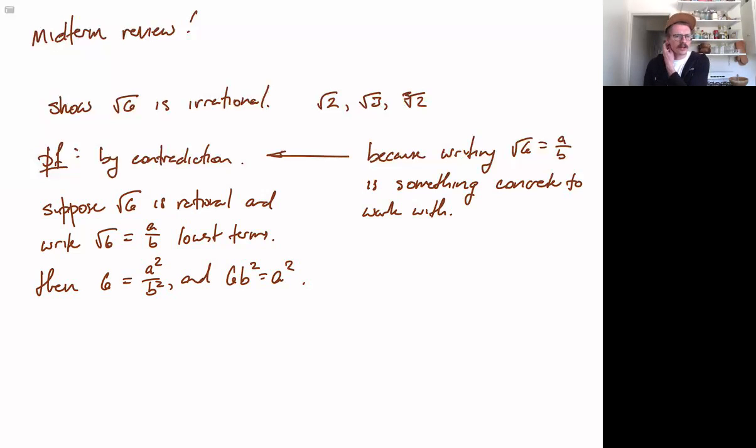Now this is where we want to start talking about divisibility. And this is where we need to worry that 6 is not a prime, like we are used to. And so let's think about what kind of problems this causes. If we were following this proof exactly, we would say something like, since 6 divides a squared, we also have 6 divides a.